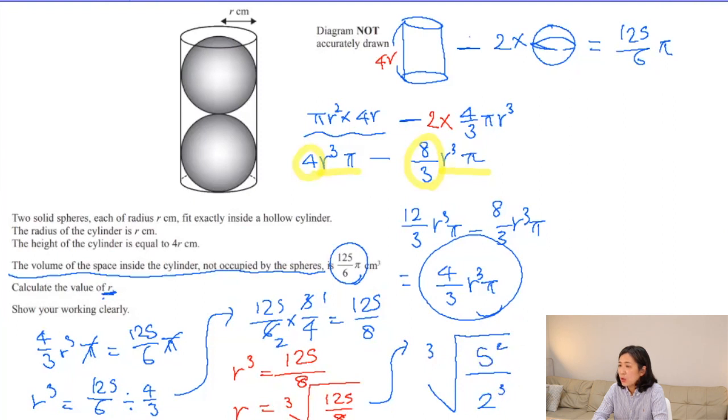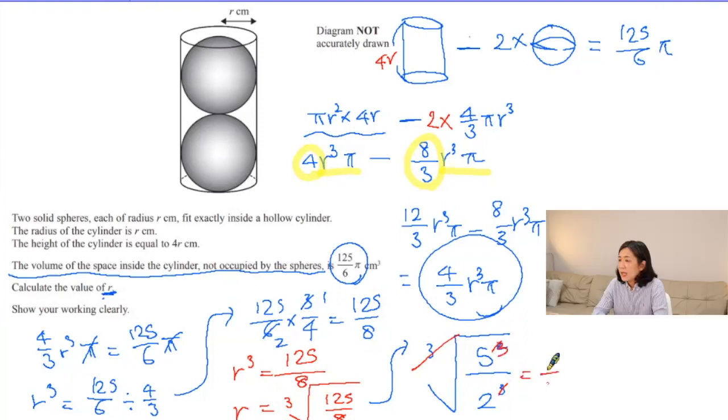Since we've got all cubic numbers, we remove our cubic root, and we come up with 5 over 2. So r is 2.5, that's our final goal, and this must be centimeters, right, is our answer.